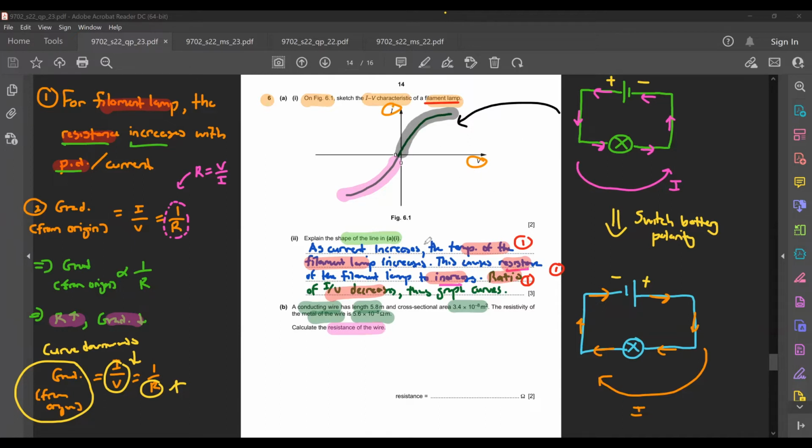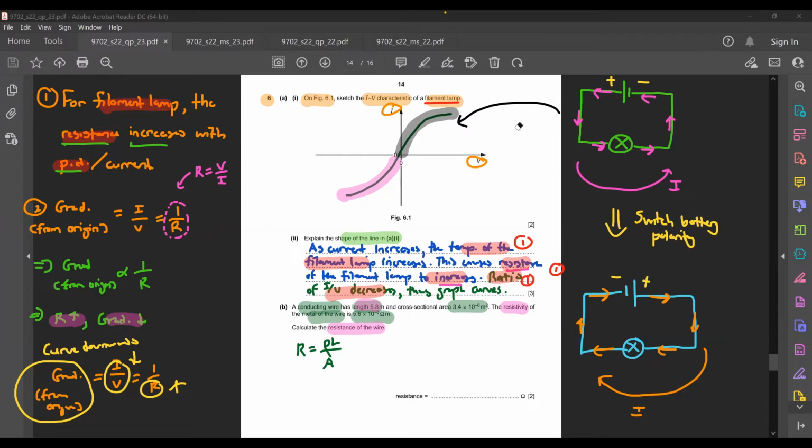So whenever you see mention of length and resistivity, you already know what equation you want to use. This one is always going to be R equals rho L over A. Okay. So they want the resistance of the wire, which is R here. You already know all the other values. So you just need to sub in the values.